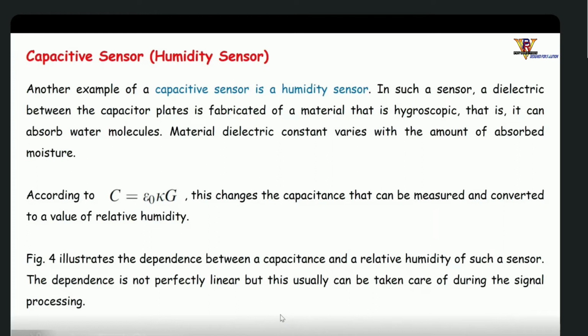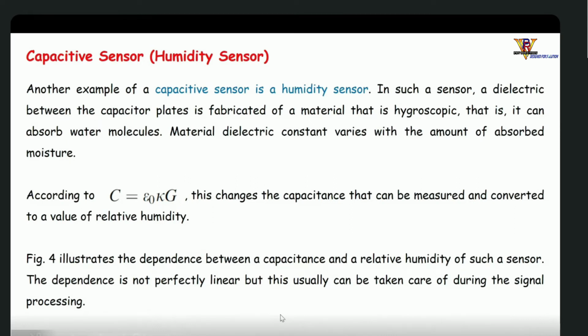Now we can use this capacitor sensor as a humidity sensor. Another example of a capacitive sensor is a humidity sensor. In such a sensor, the dielectric between the capacitor plates is fabricated of a material that is hygroscopic. That is, it can absorb water molecules.